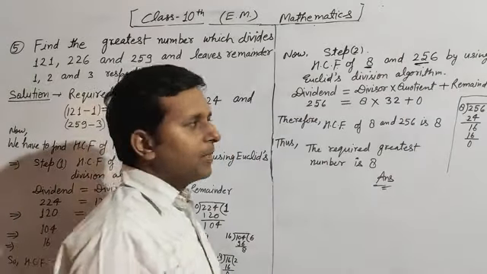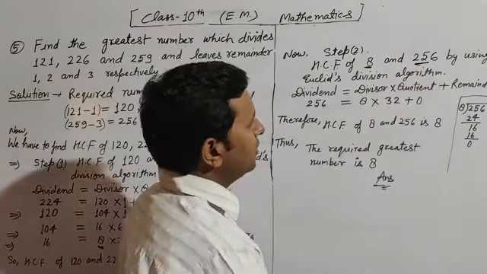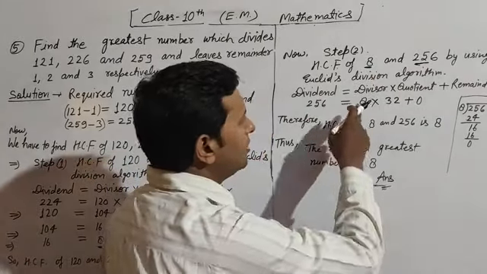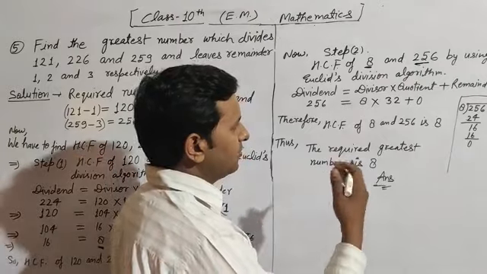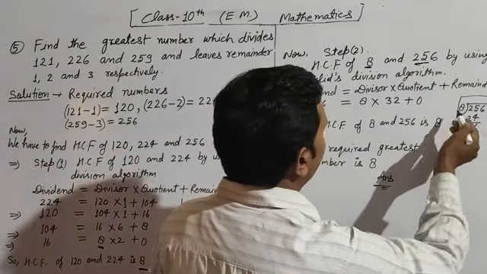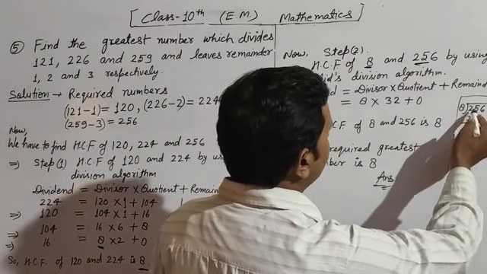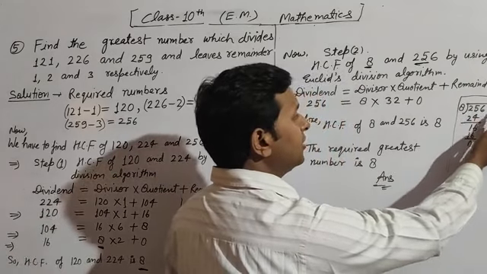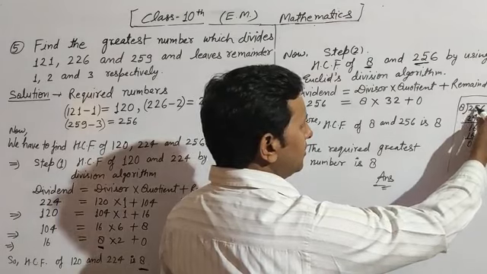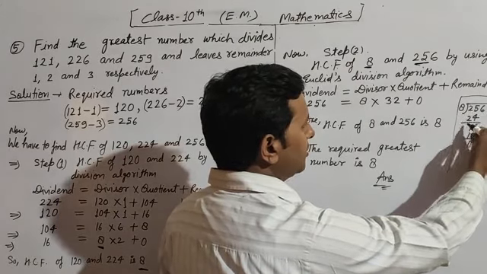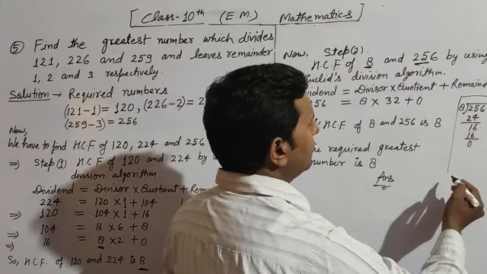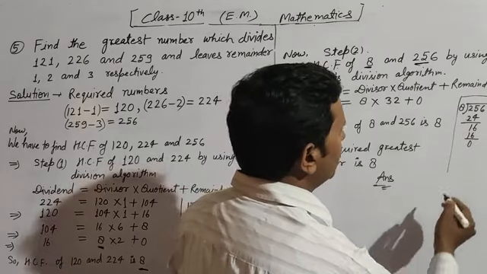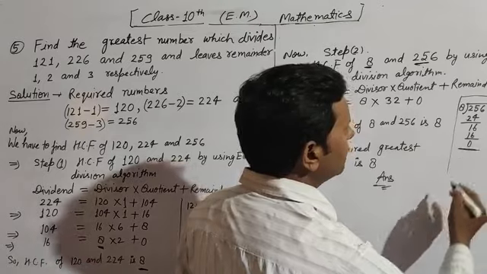Greater number is 256, it will be dividend. 8 is a smaller number, so it will be divisor. Now in simplest form we can divide it: 8 times 3 is 24, 25 minus 24 is 1, 6 comes down, 8 times 2 is 16, 16 minus 16 is 0, means remainder here is 0.